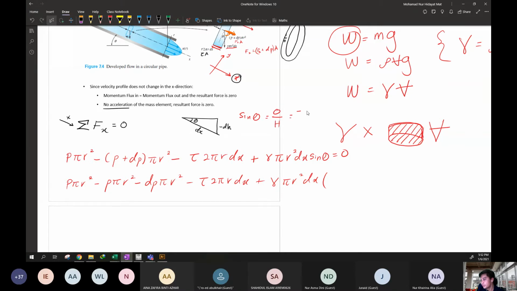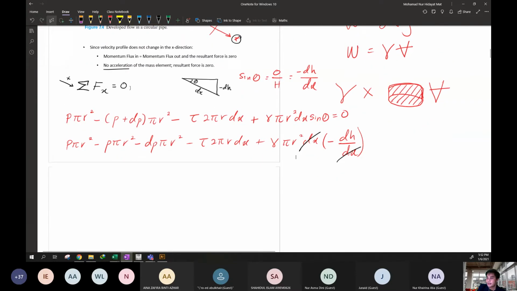Opposite is negative dH, hypotenuse is dx. So we can replace it with negative dH over dx, and cancel dx with dx.